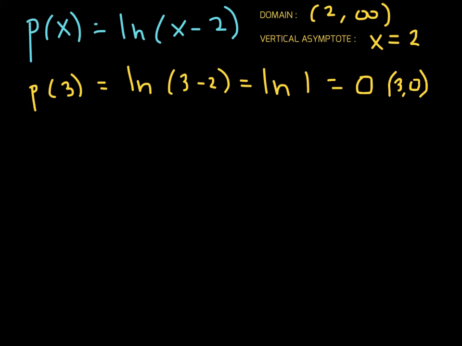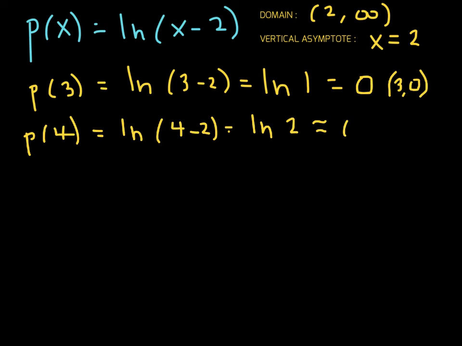Now let's plug something else in. We're probably going to need our calculator here, right? So let's see. If we plug in the number 4, then we have natural log of 4 minus 2, which is the natural log of 2. If you punch that into your calculator, the natural log of 2 is approximately 0.69.